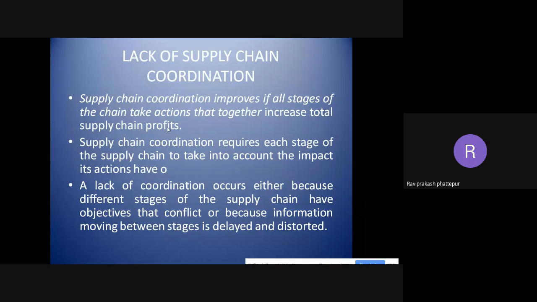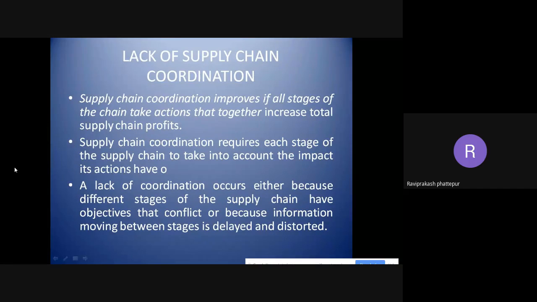If others are very strong, not an issue. But if there is a weak link in between and suddenly load is put on it, it will break into two at that weakest link. That's why it is said that a chain is as strong as its weakest link. So if there is a weakest link present, we need to check its effect on the overall supply chain, on the overall profits of the supply chain.